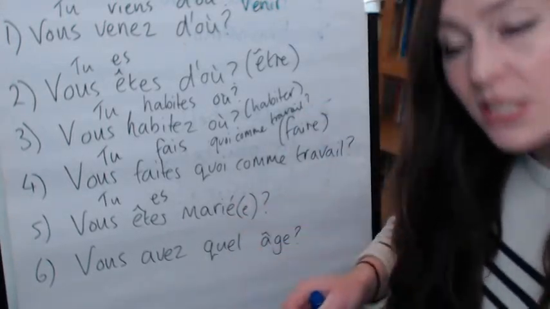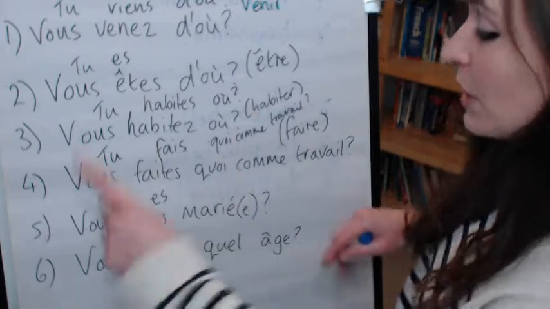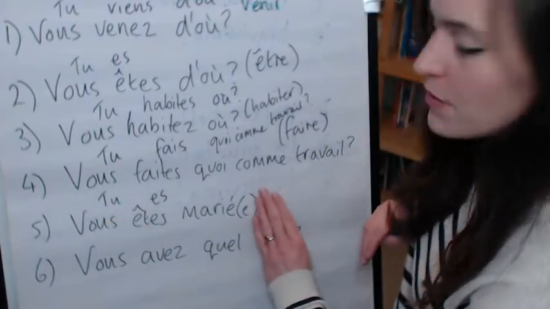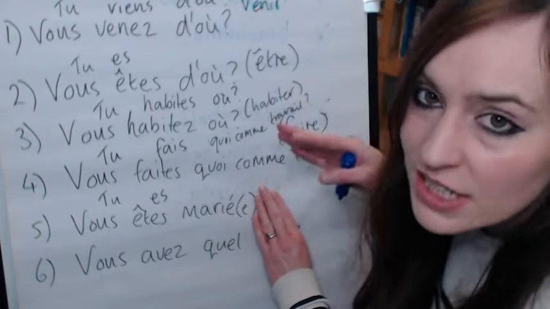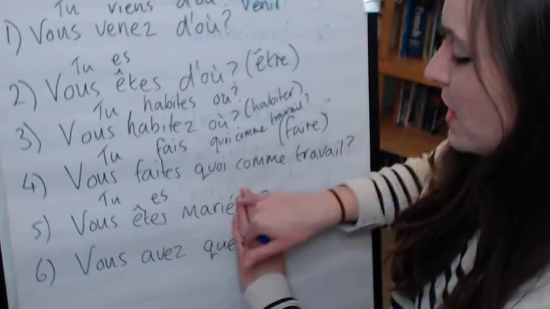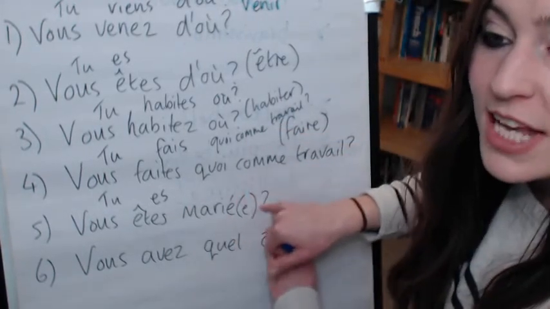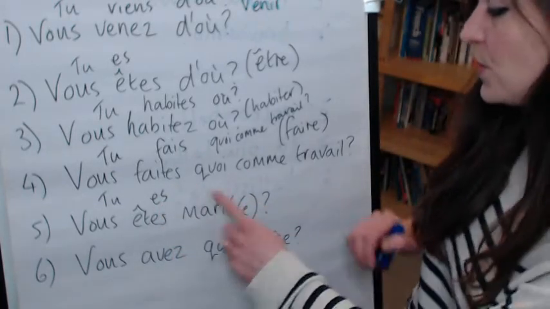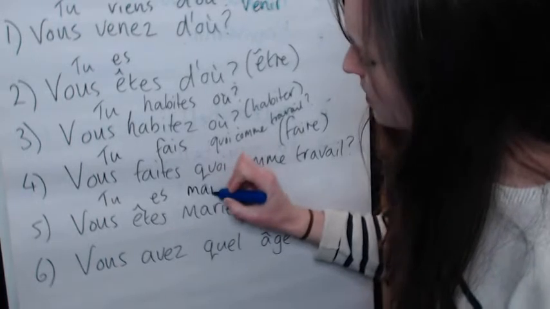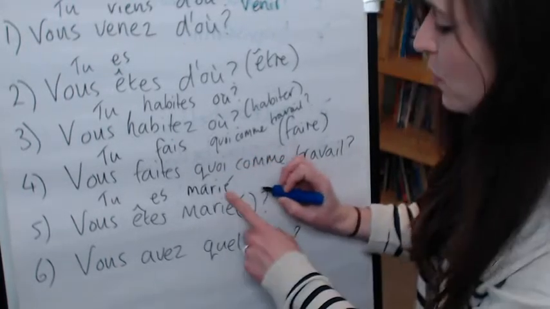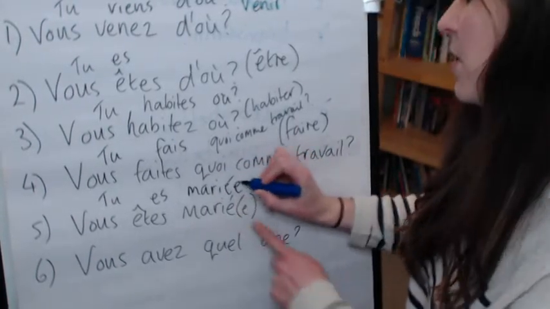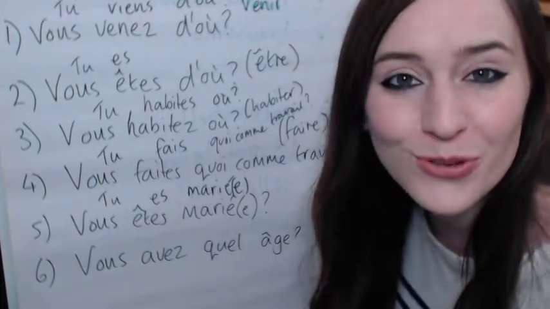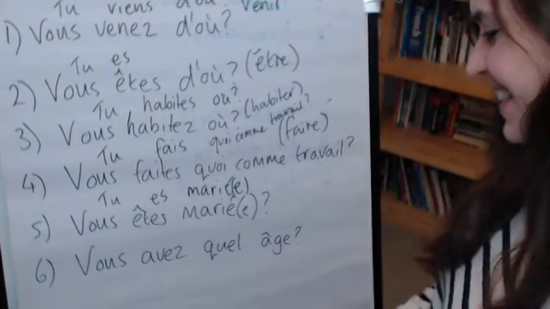That's a bit confusing, but in the tu form, you're only asking one person, so there'll never be an S at the end if it's correct. There'll either be one E with an accent, or an E with an accent and an extra E to make it feminine. Tu es marié. So it'll be tu es marié, comme ça, for a boy, or comme ça, for a fille. Pour une fille, for a girl.